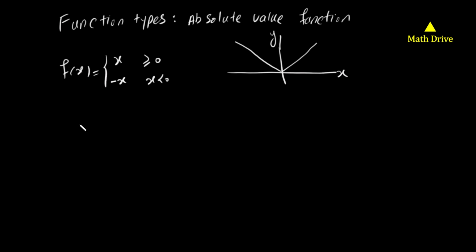Now let's take a look at another example. Suppose that we want to graph the function absolute value of y is equal to x. In order to graph this function, we can divide it into two cases. So x is equal to y for positive values, including 0, and for negative values x is equal to minus y.